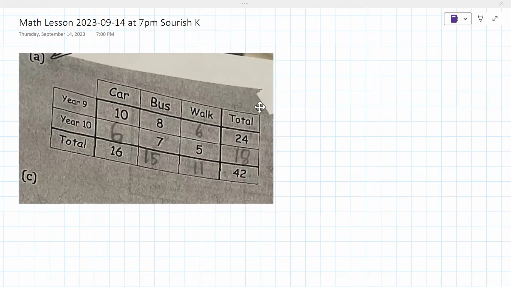It's the total of the year 9. Okay, and how about the 18? The total of year 10. Good. And let's see here. 42. What is 42? It's the total of each, the total for the cars, buses, and walks.